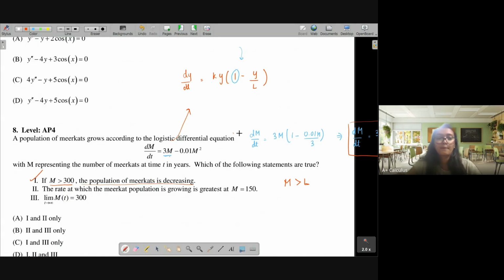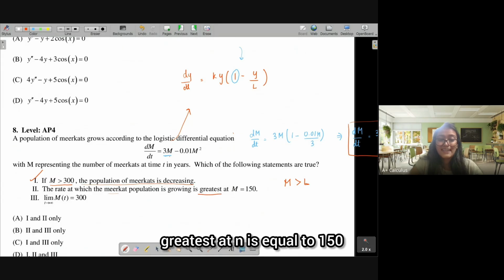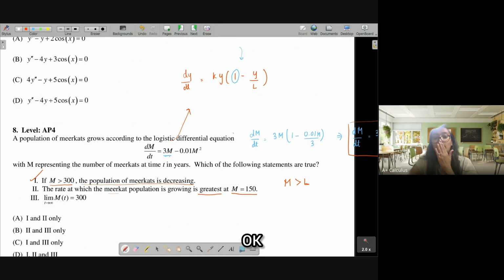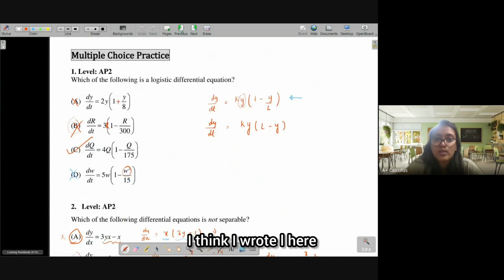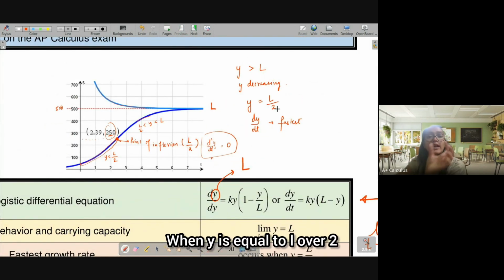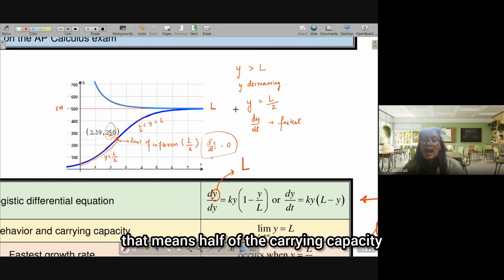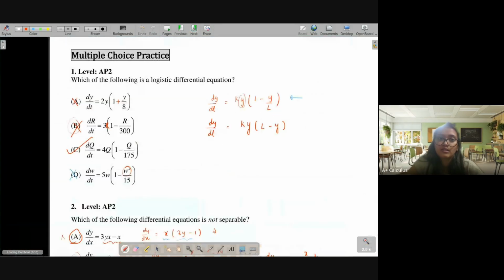This is correct. Second, the rate at which the meerkat population is growing is greatest at M equal to 150. I think I wrote L here. This is L over 2. When Y is equal to L over 2, that means half of the carrying capacity, the rate of increase will be fastest.